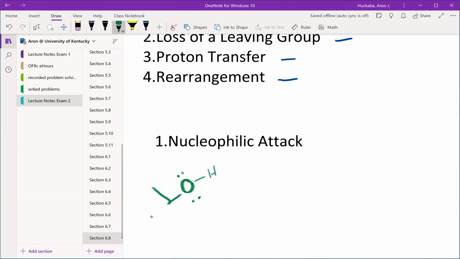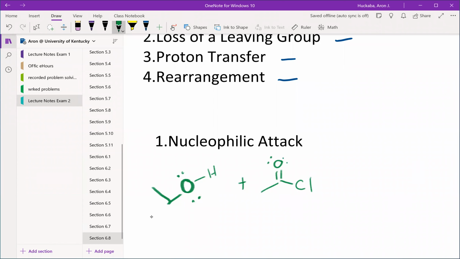Ethanol has lone pair electrons that can also serve as a nucleophile, especially if there's a good electrophile like this acid chloride.